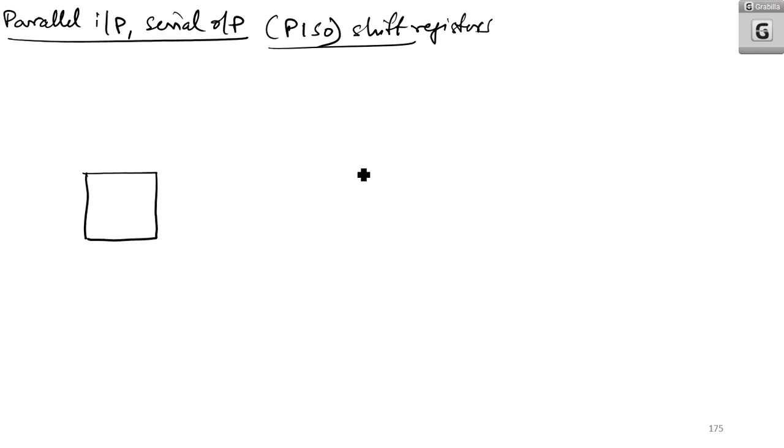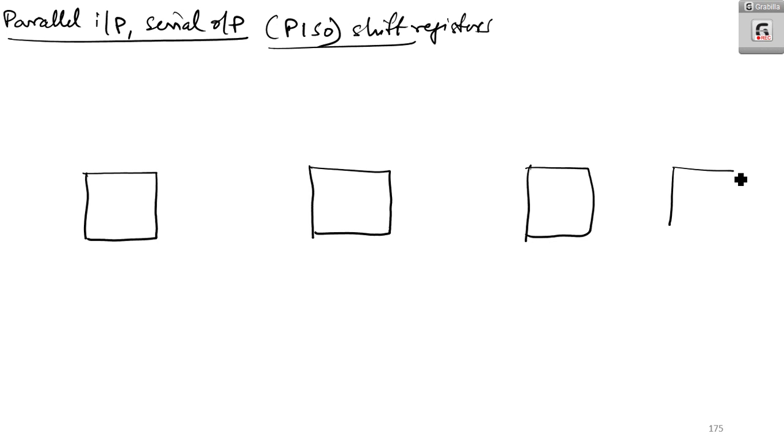So I am having 4 flip-flops: 1, 2, 3, 4. Now see here, what I am going to do is give parallel inputs D1, D2, D3, D4. A is an input here.